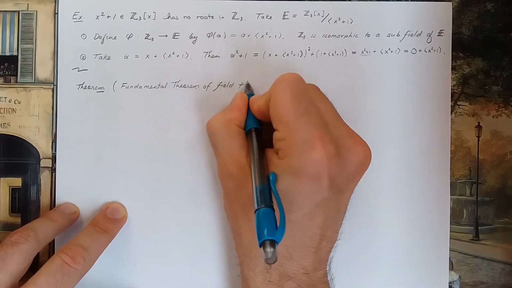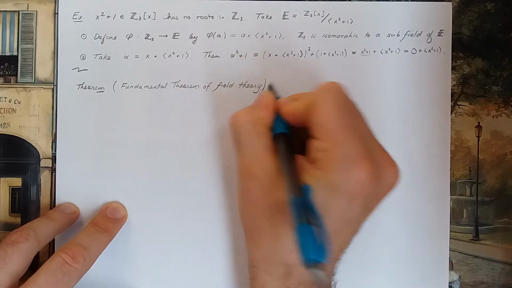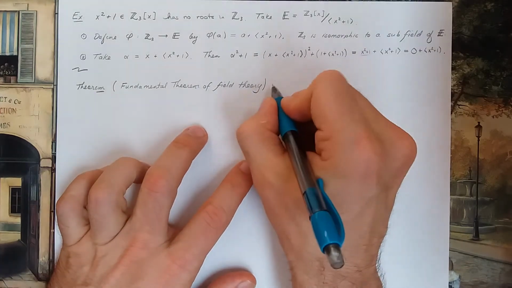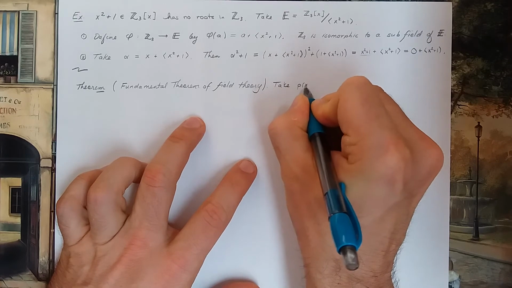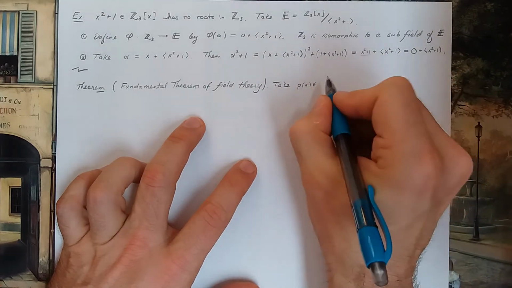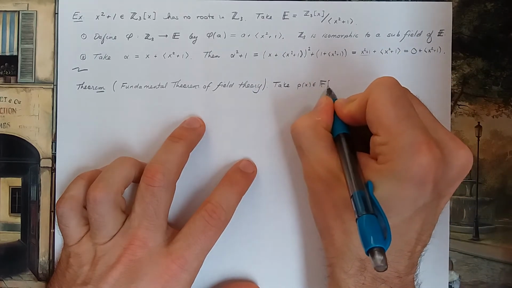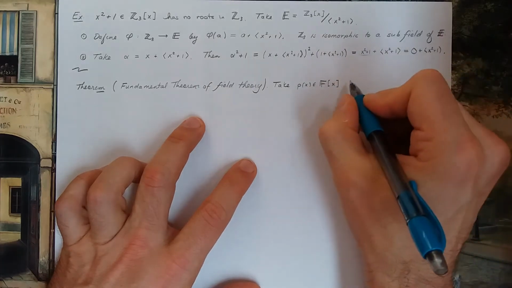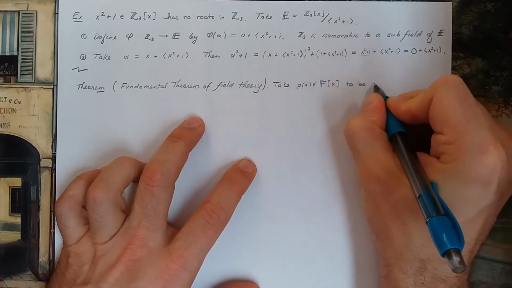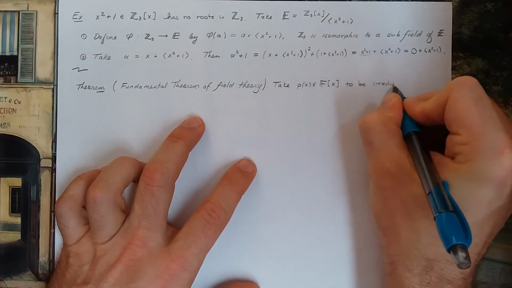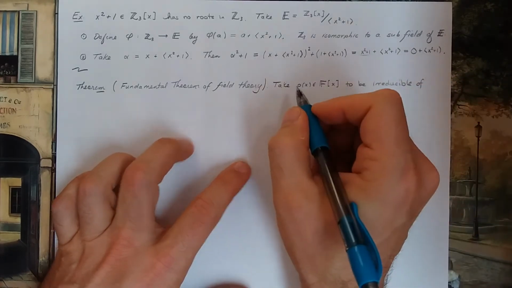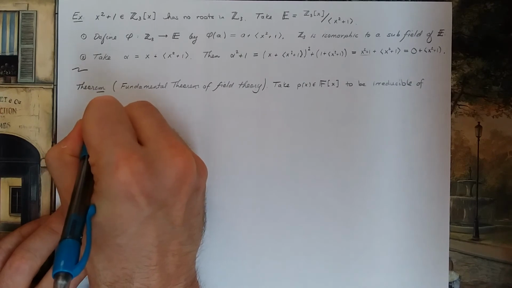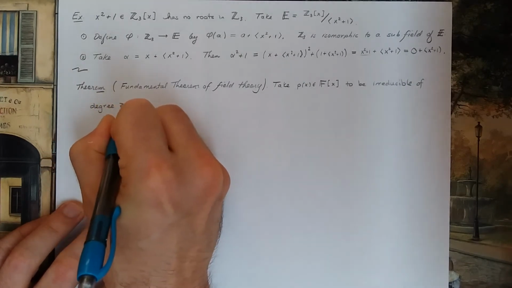So here's the statement. Take a polynomial, p of x, in your ring of polynomials over some field to be irreducible of degree bigger than or equal to 2.